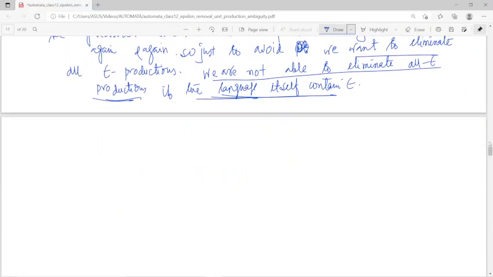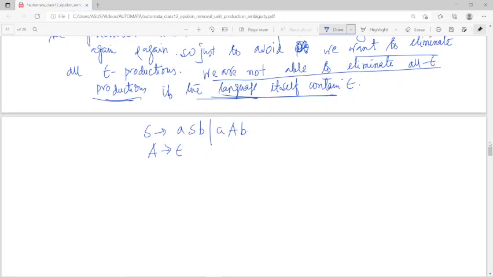Say I am writing S to ASB and AAB, and from A to epsilon.